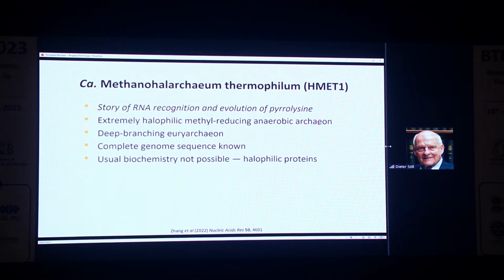It grows at higher temperature at about 86% saturated salt. It's a very, very deep branching euryarchaeon. A complete genome sequence is known. However, of course, no usual biochemistry can be done because they only have halophilic proteins.